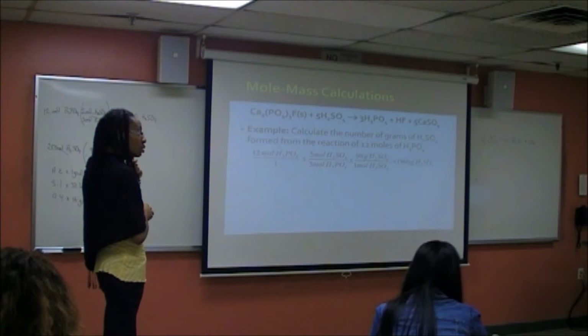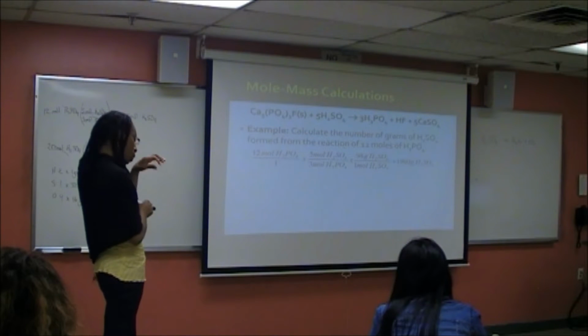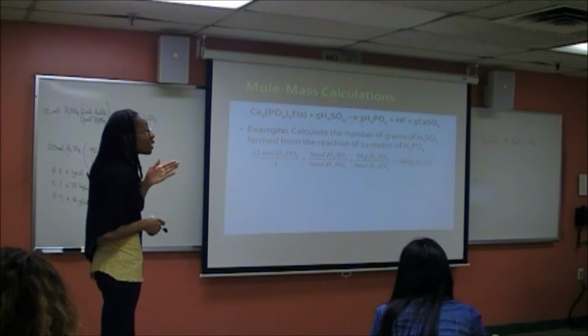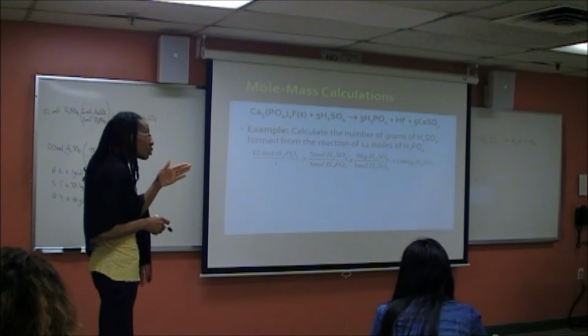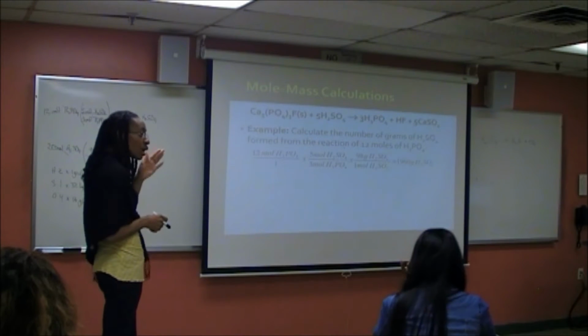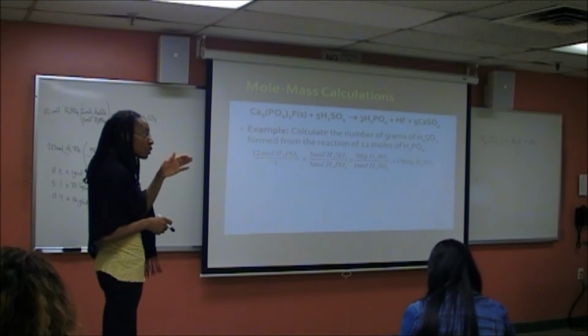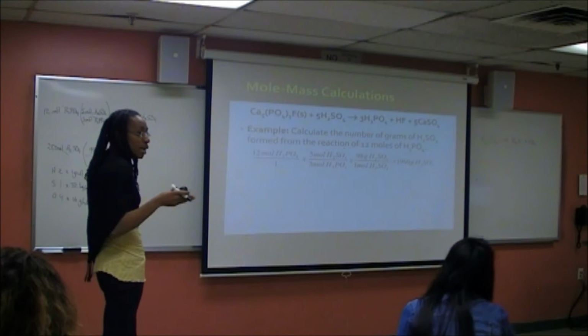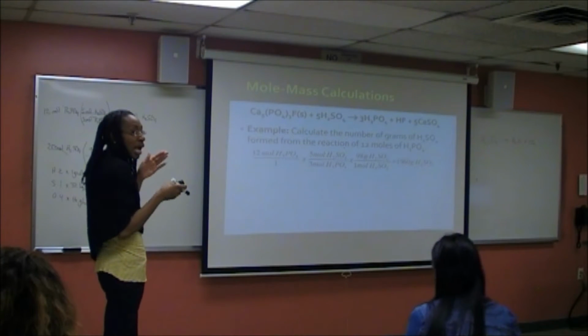Well, you won't have to worry about that because I'm going to give you the number that I want you to use. So you don't have to dig up the periodic table to find the molar mass. So the molar mass will be given for each one.